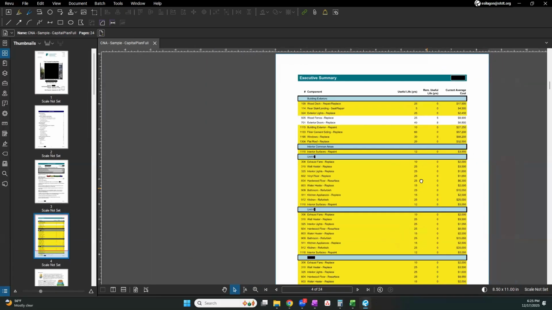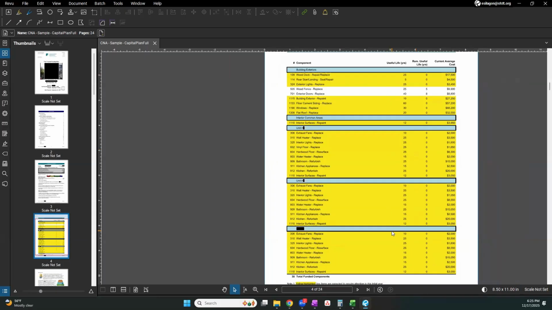So this lists every component, and the ones highlighted in yellow are considered immediate needs. They are in a deteriorated condition and they need to be replaced as soon as we acquire the property. We will use this list to inform the scope of work for our initial rehab once we acquire the property.